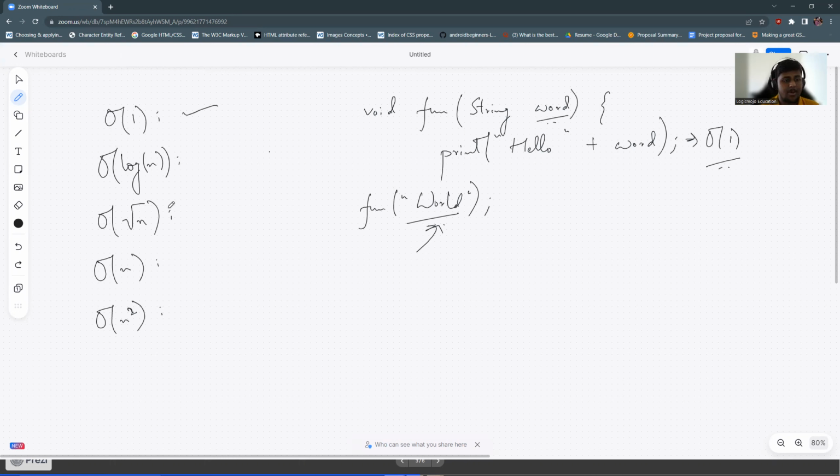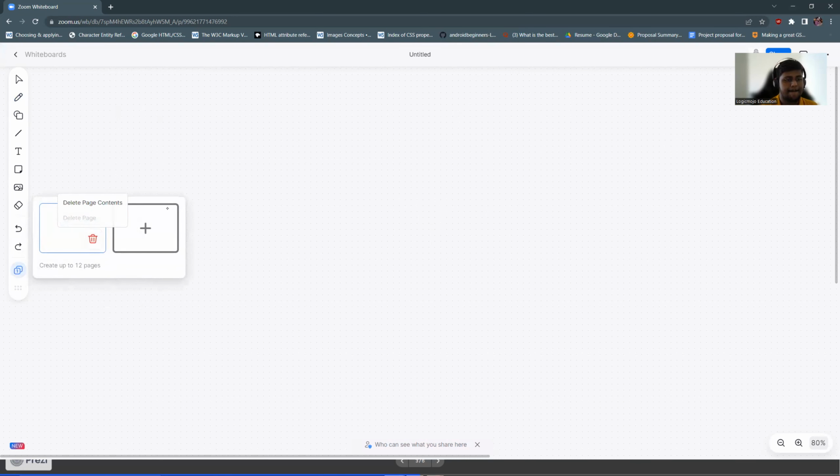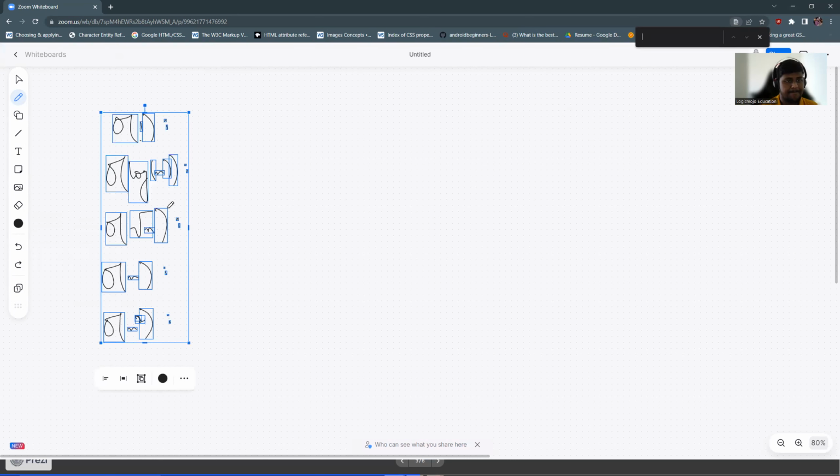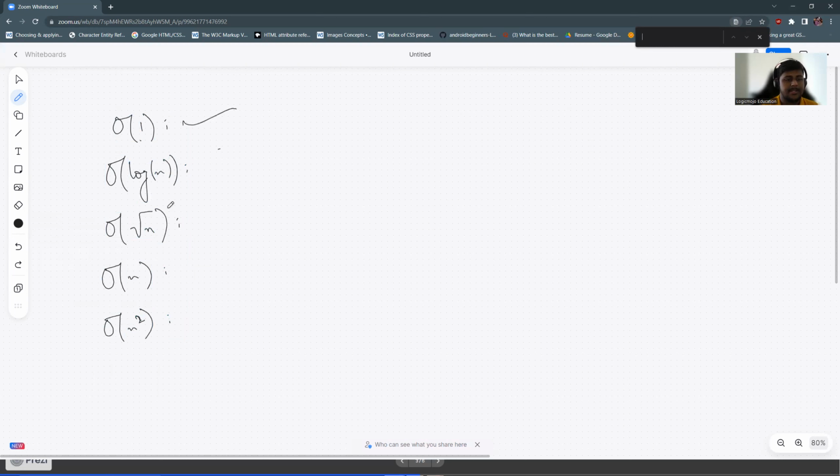All right. Now, before going to log n and root n, let's talk about n first, because from n we can derive log n and root n as well. All right, this is done. For O of n, let's take an example.